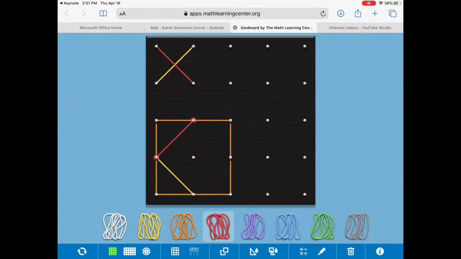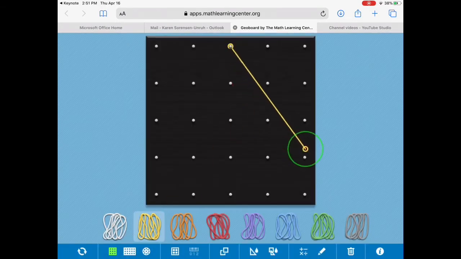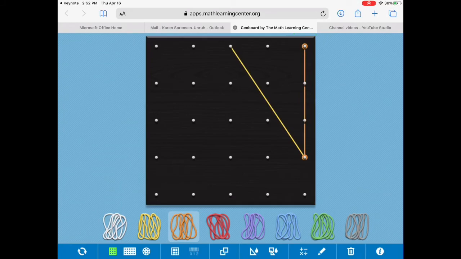Let's do one that's even harder. Maybe this guy right here. So how do I use a rubber band to make a perpendicular line segment? Well, I'm going to enclose this in a square. And then I'm going to rotate the square about the center of the square.